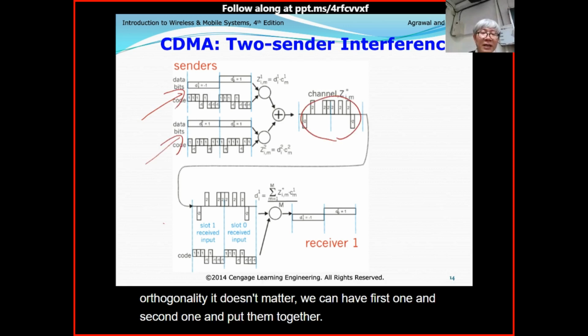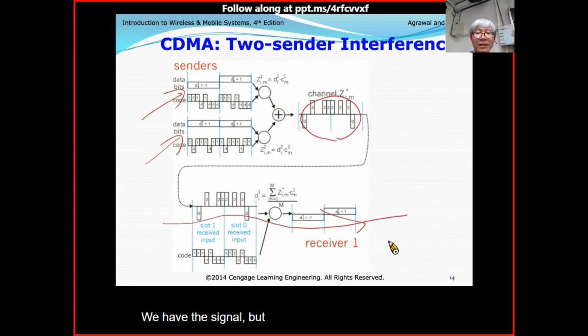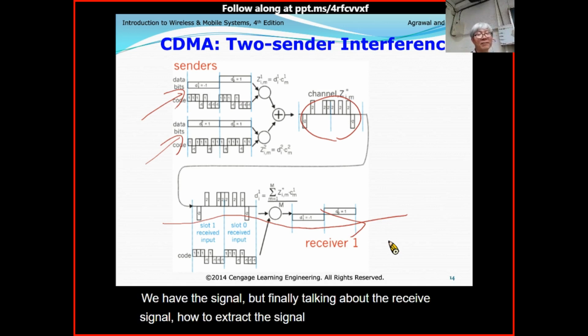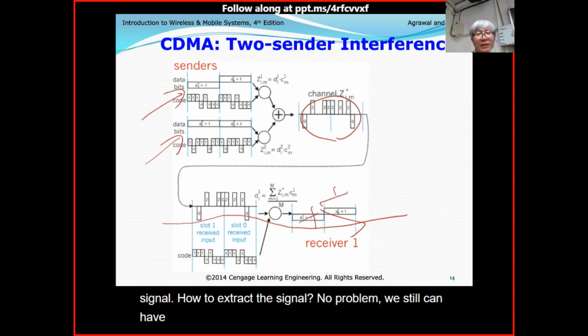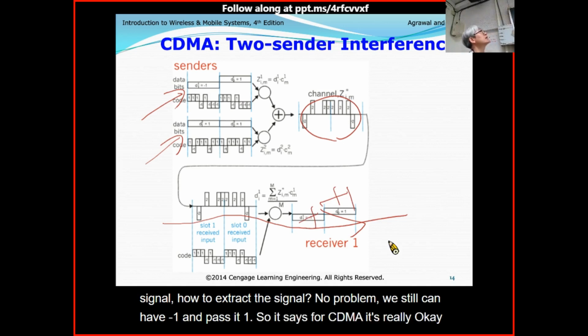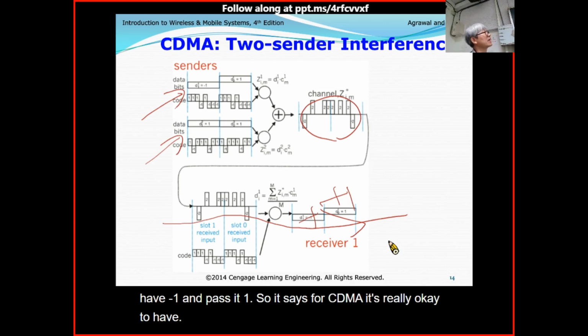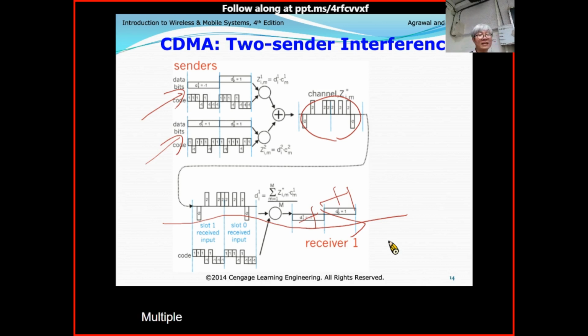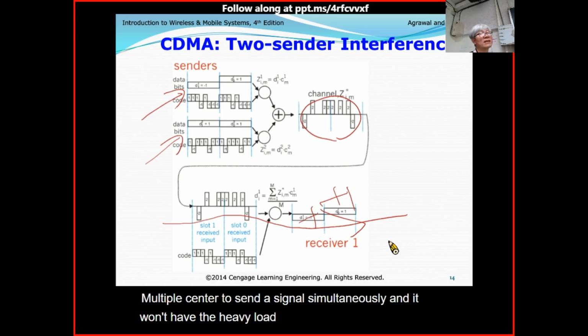But finally, talking about the received signal, how to extract the signal, no problem. We still can have minus 1 and positive 1. So for CDMA, it's really okay to have multiple senders send signals simultaneously, and it won't put a heavy load on the receiver, so it doesn't matter.